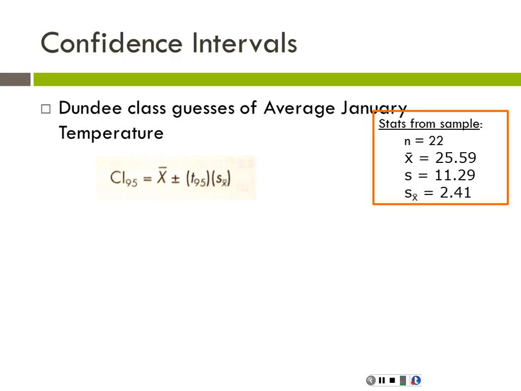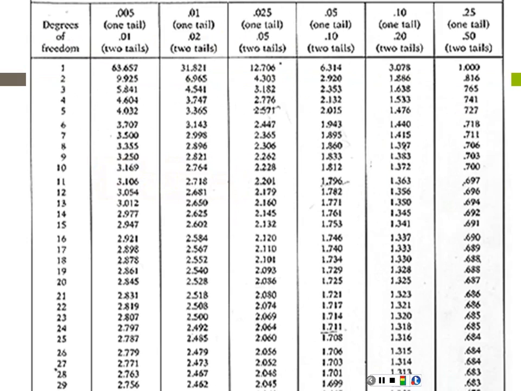Here's our confidence interval formula, and we have everything we need to solve it except for this T95. So where do I get this T95? This is a t-value associated with a two-tailed test and an alpha level of 0.05. We're 95% confident that this is the range of values, so we're only 5% confident that it's not in there, right?